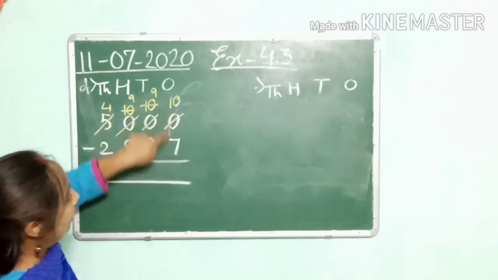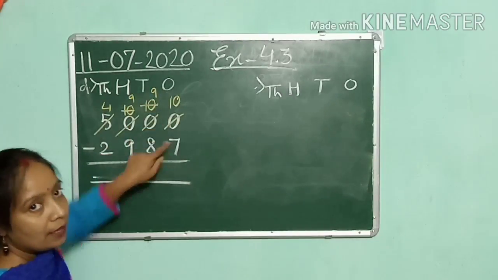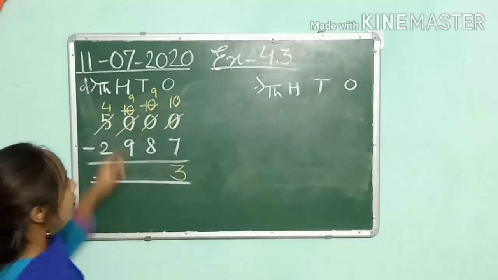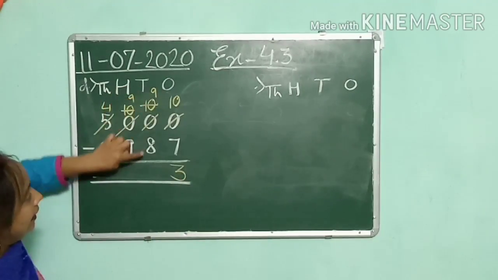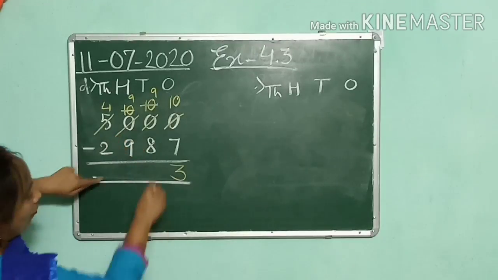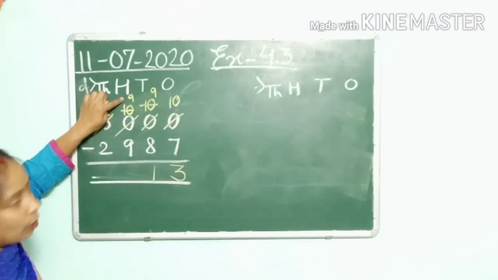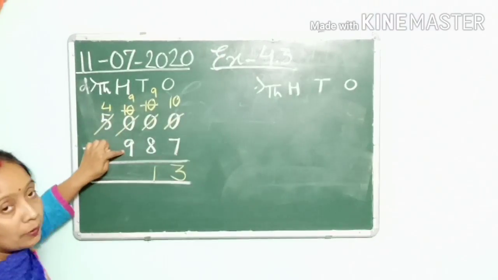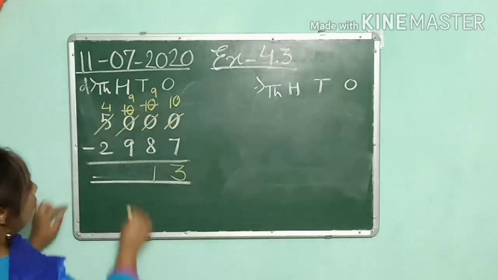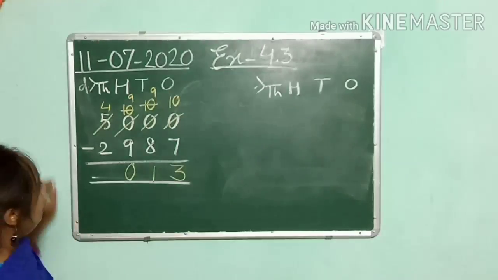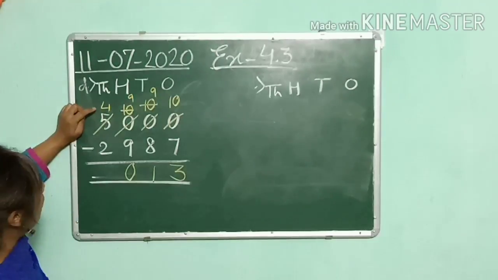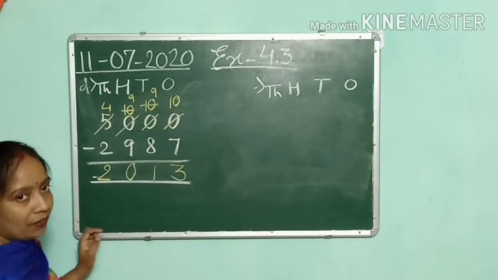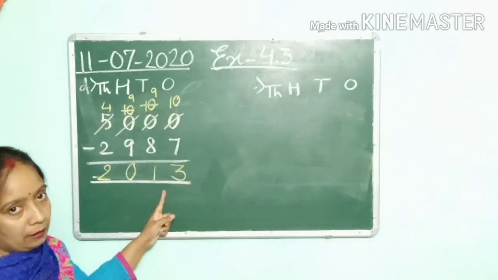You have to subtract 10 and 7. So 10 minus 7, 8, 9, 10, 3. Right here 3. Under the tens column you have to subtract 9 and 8. 9 minus 8, 1. Under the hundreds column you have to subtract 9 minus 9. When we subtract same numbers, what we get? 0. So 9 minus 9 is 0. And under the thousands column you have to subtract 4 minus 2, that is 2. So our difference is 2,013.